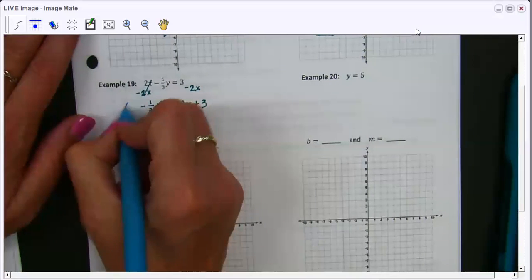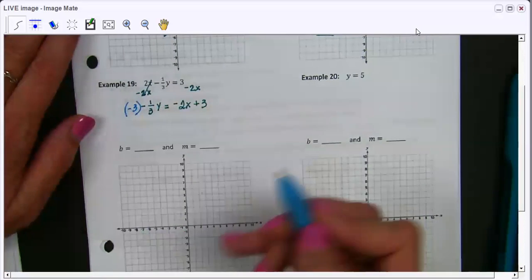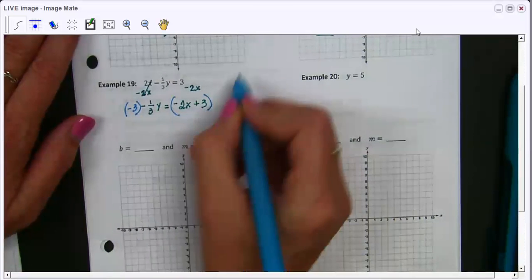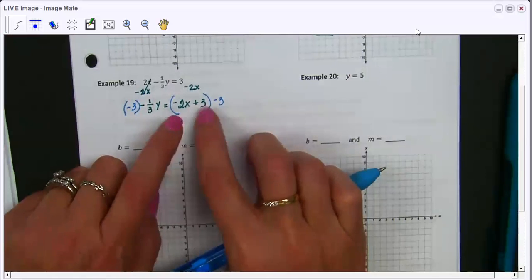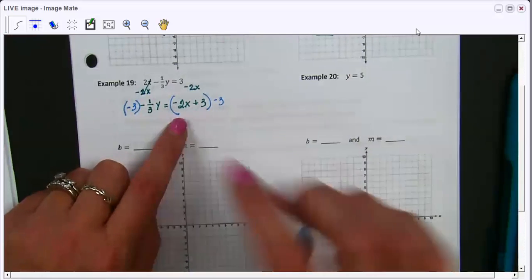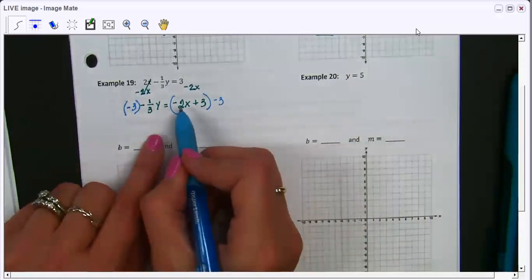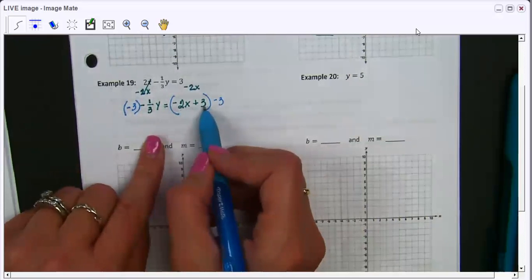So we multiply this side by -3 and we multiply this side by -3. Make sure you're putting parentheses around the two terms on the other side because that -3 needs to be multiplied by both the -2 and the +3 here.